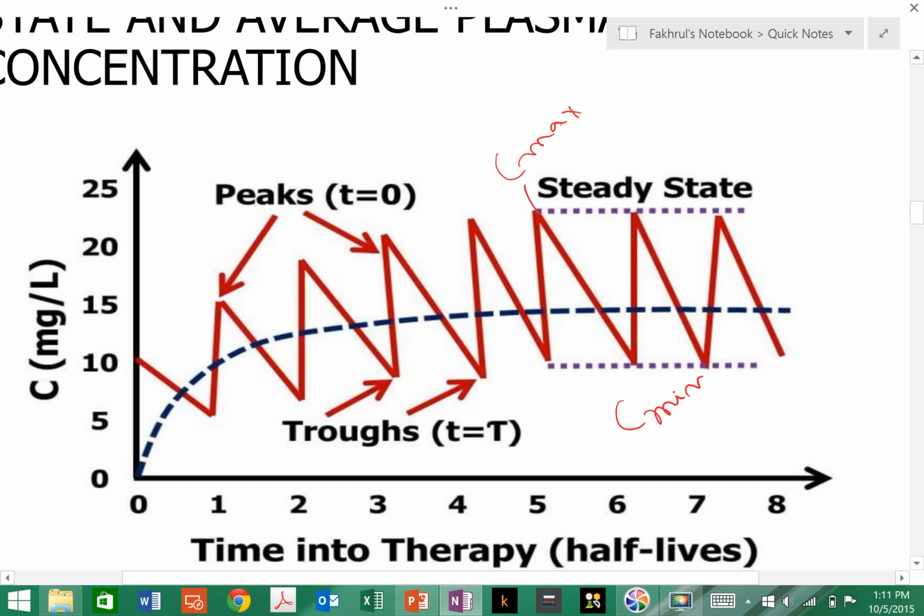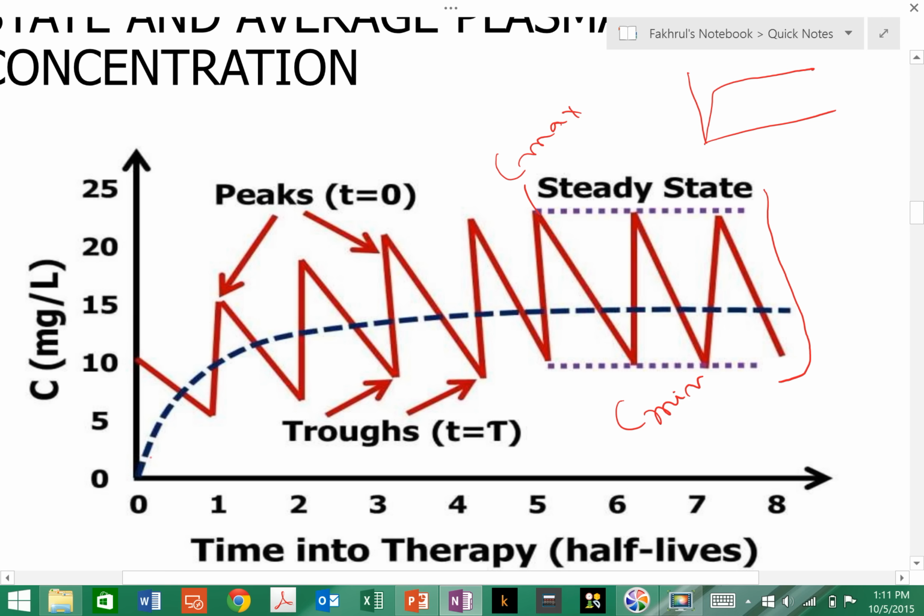If you continue administering drug, after a certain time there will be no more accumulation. Then concentration is going to fluctuate between maximum and minimum, and this concentration is called steady state. Unlike constant IV infusion, where there was a single steady state concentration, in case of multiple dosing, steady state fluctuates between a Cmax and Cmin.